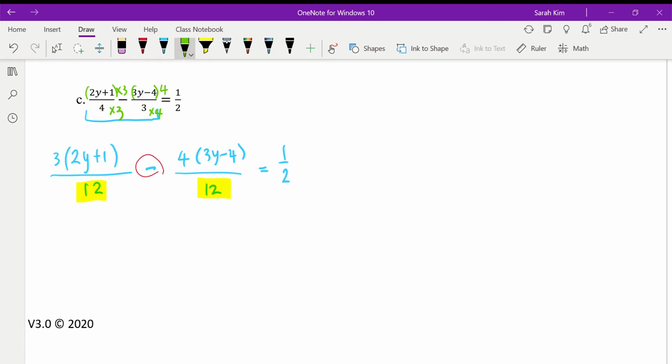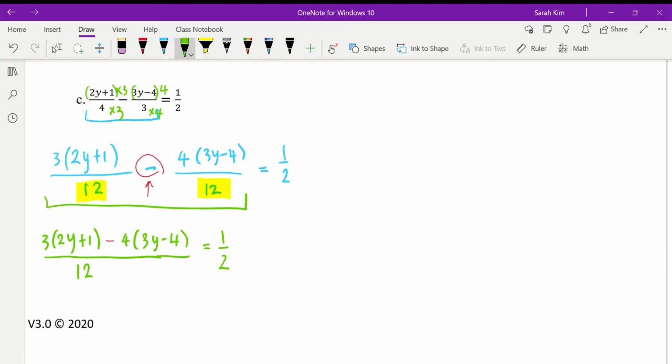So what happens is the 12 stays on the denominator, it just kind of combines itself. So 3 bracket 2y plus 1. Now it's very important that you put minus there because there's a minus there. And then you write 4 bracket 3y take 4. Right, that equals half. So what I've done is I've combined them together.